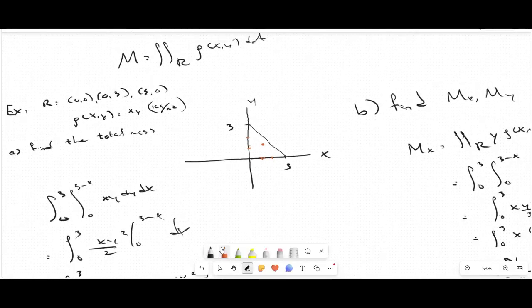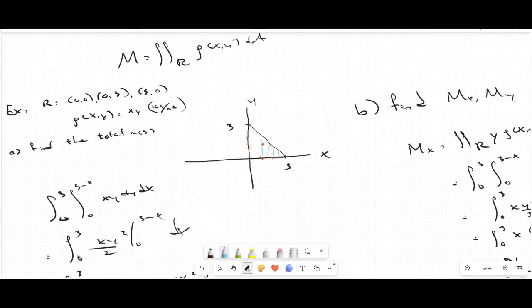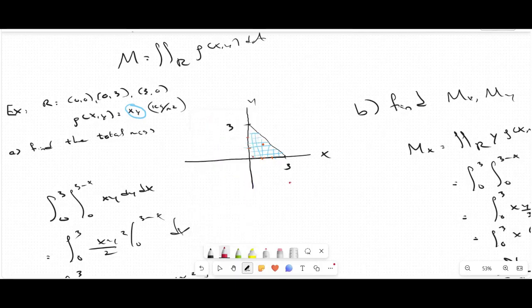Here's why. It's because the density we're working with is a non-constant density. XY as a function is very small near the origin.